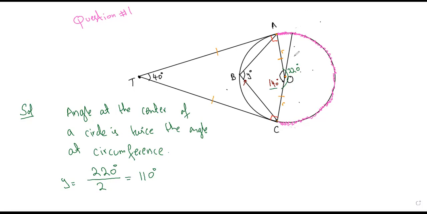Now I'll write down the last question for today, and then that is it. Let's say this is the circle and this is a line, and then this is another line.